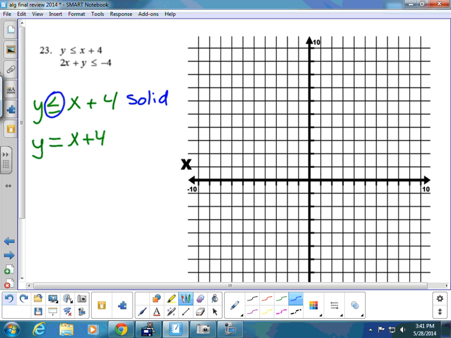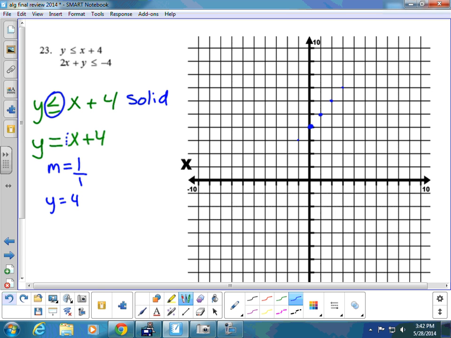So how do you graph y equals x plus 4? Well, I would do the slope, which is 1, which means up 1 over 1. I'm going to start at y equals 4, and that's my intercept. So I go to 1, 2, 3, 4, put a dot, and then do a slope of 1, up 1 over 1, up 1 over 1.